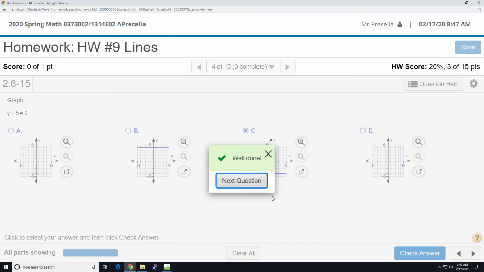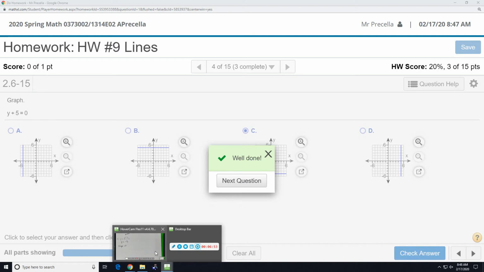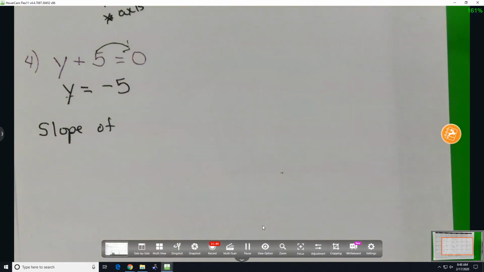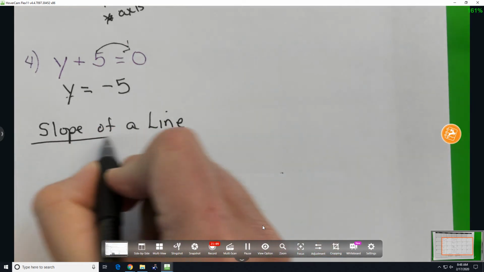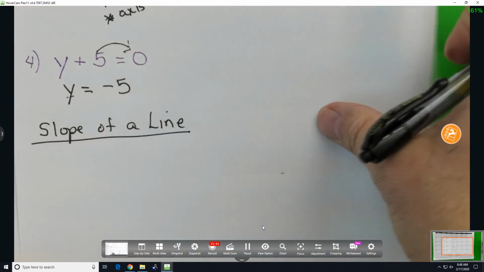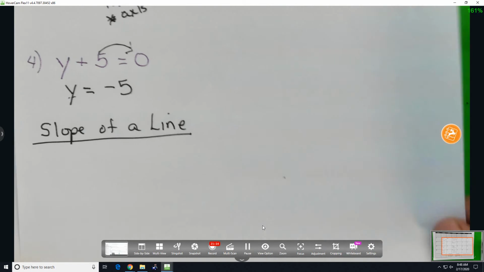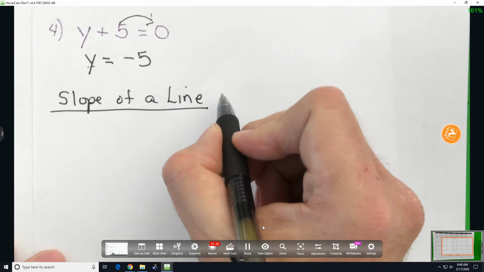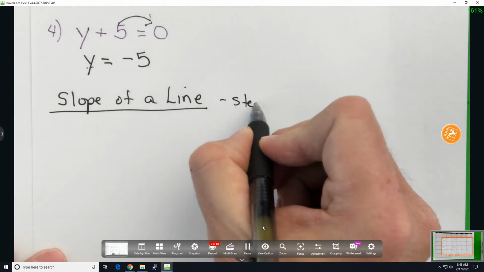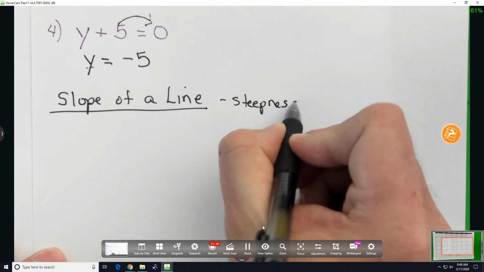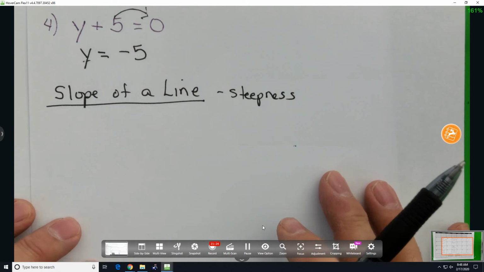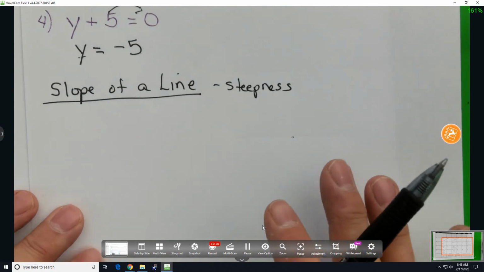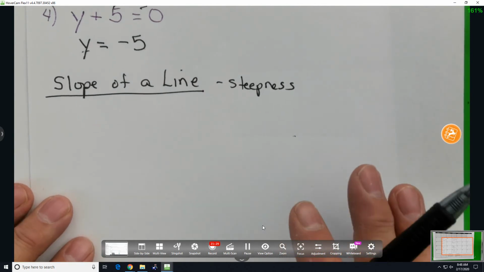The slope of a line is a way of measuring the steepness of a line. I guess that's a terrible definition. All I'm doing is giving a synonym for slope. Measuring how steep the line is. It also shows us the direction.